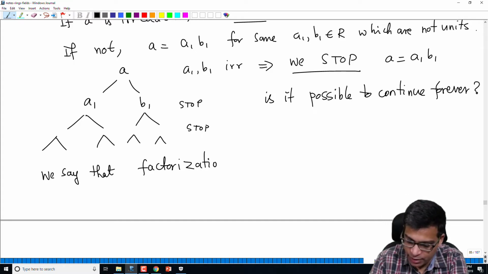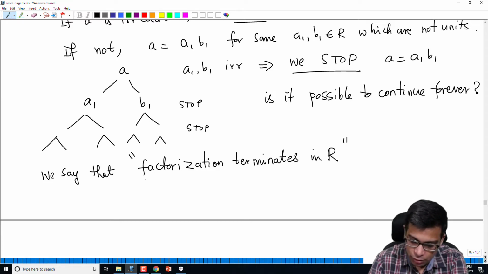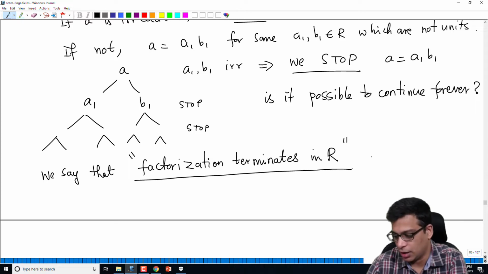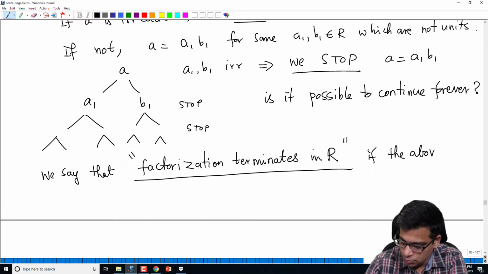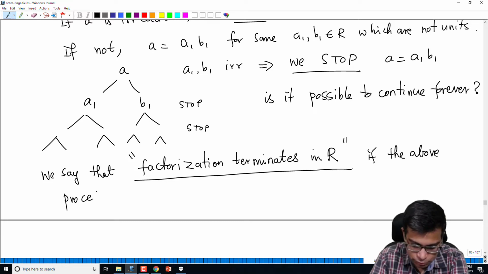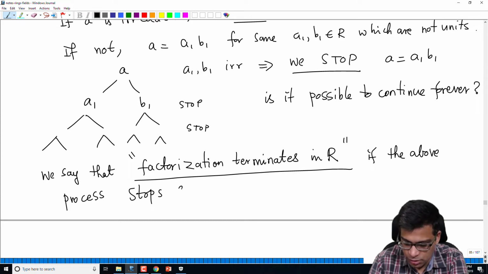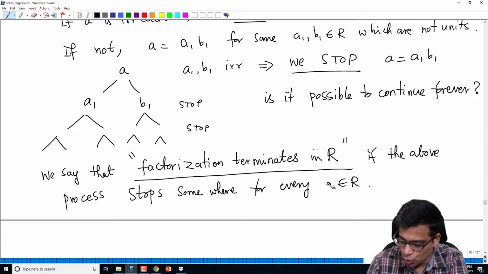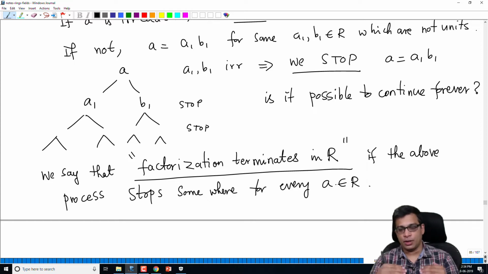So we say that factorization terminates in R if the above process stops or terminates somewhere for every A in R. So if it stops for every A, we start with some A; if it's irreducible, we stop.